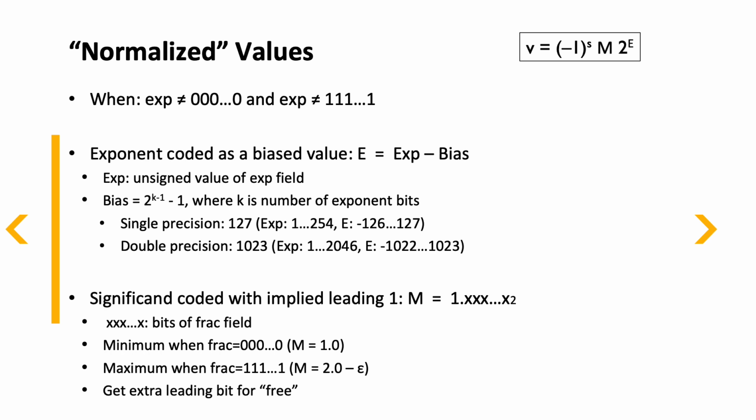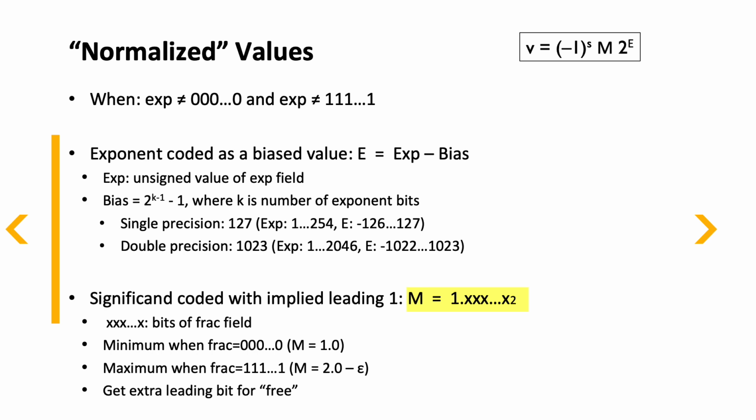And in order to do that, we have to do a little math to figure out what those bits actually represent. Now, the significand is encoded with an implied leading 1 when we're talking about normalized values. So our value of M is going to be 1 point the bits of the frac field.